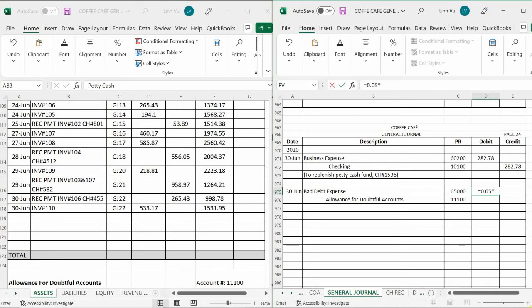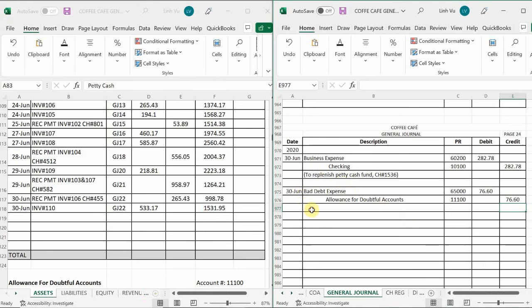So we multiply that by 0.05. Okay, and what do you get? $76.60. $76.60. Good. Okay.